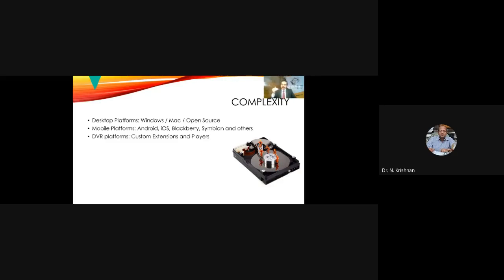That needs its own DVR. That video can only be played on that particular DVR, because they have their own custom file extensions, and the media players are custom made, so this particular file can only play in that particular player.